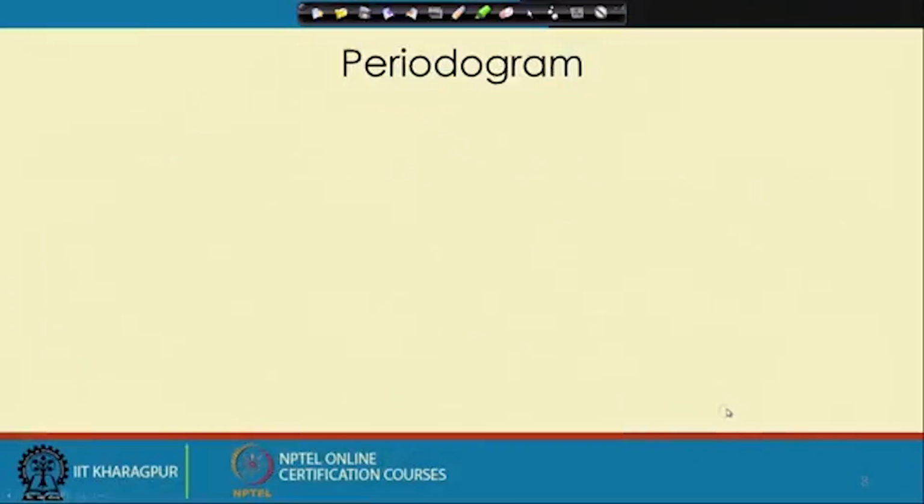So, we try to find actually an easier way, so that directly from the signal we can get the PSD, and from that point of view we look for a new technique that is called periodogram.